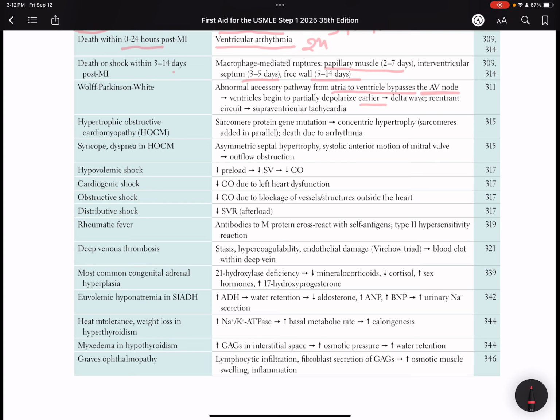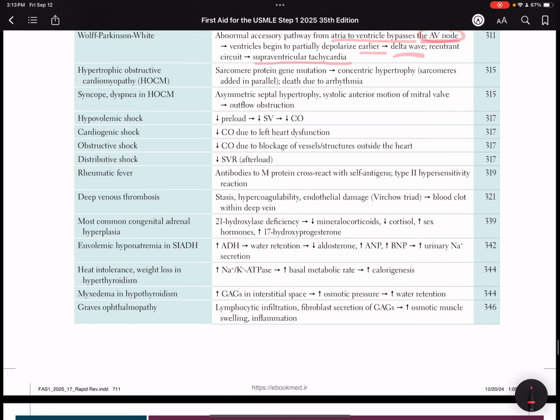That leads to delta wave formation, causing re-entrant circuit, which is also called supraventricular tachycardia. Basically, you're bypassing the AV node, and so the pathway is causing early depolarization, which makes the delta wave, and this delta wave is seen on EKG, which is also seen as supraventricular tachycardia.